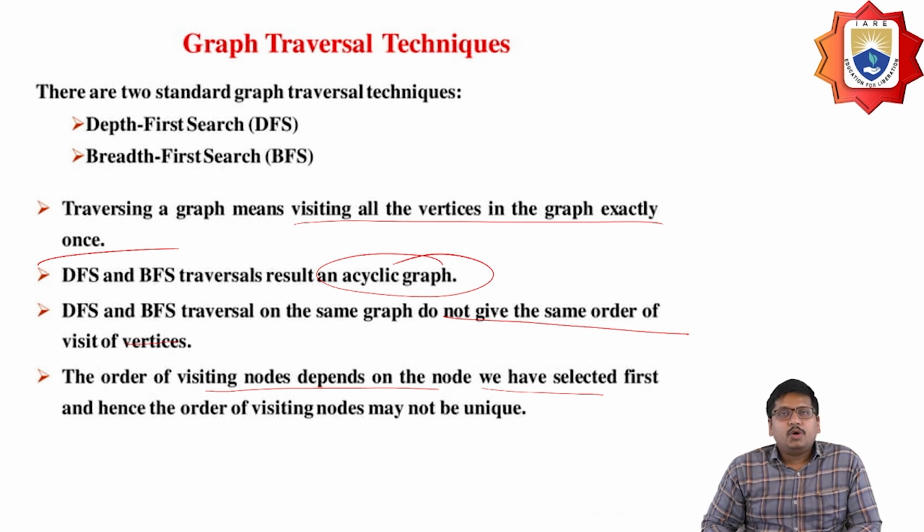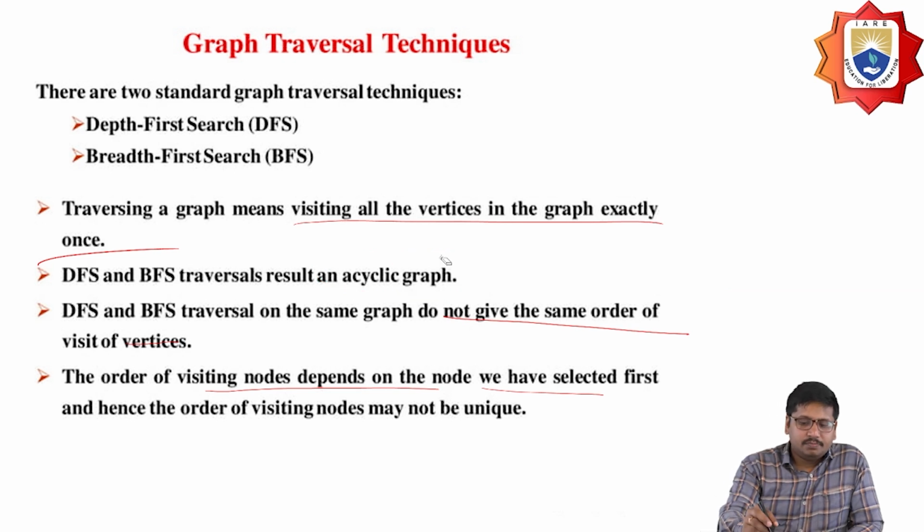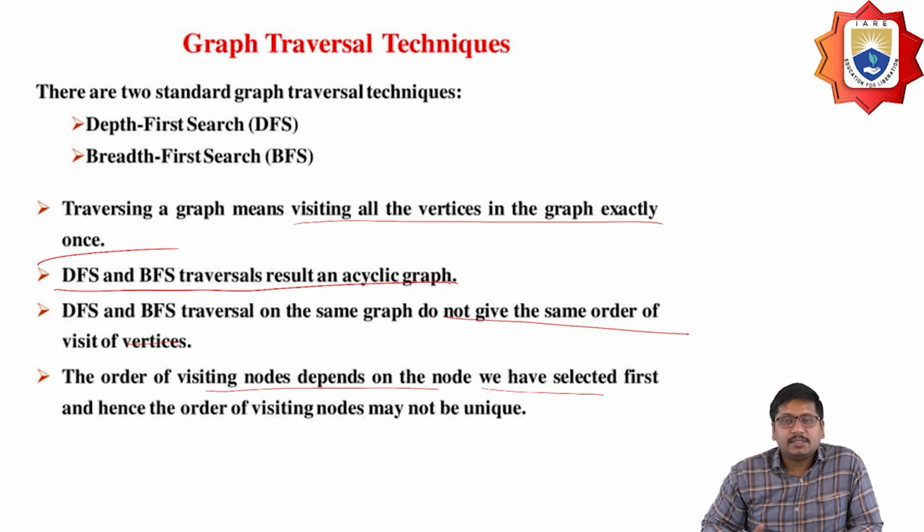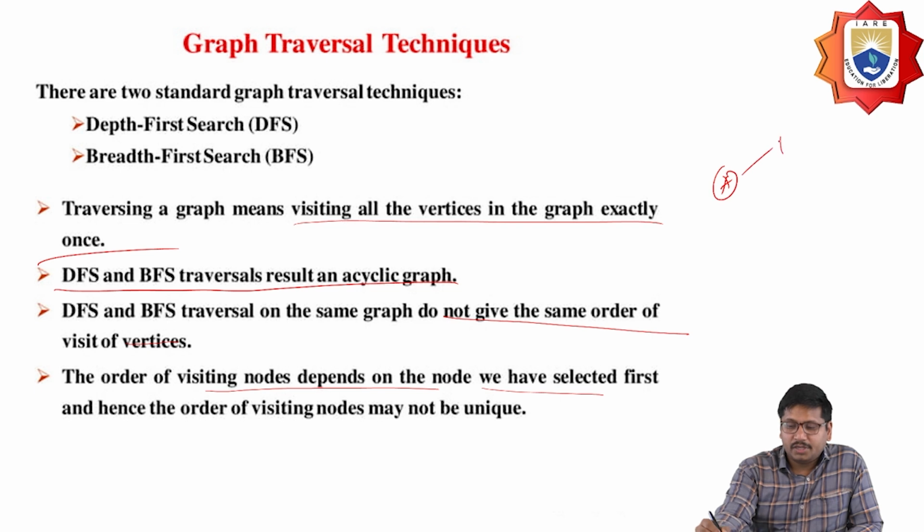Okay, so we're going to have two standard graph traversals, the depth first search and the breadth first search. Traversing the graph means visiting all the vertices in the graph exactly once, and breadth first search and depth first search result in an acyclic graph. That means the graph will not contain any kind of cycles.